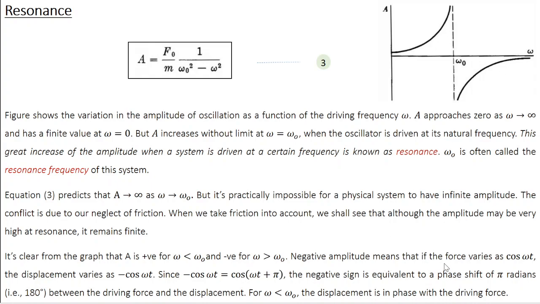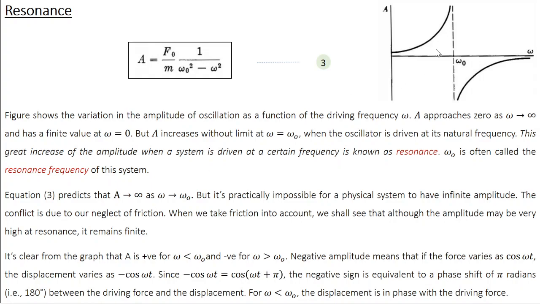Negative amplitude means that if the force varies as cos omega t, then the displacement varies as minus cos omega t. Since minus cos omega t is cos(omega t plus pi), basically this negative sign indicates that there is a phase shift of pi radians or 180 degrees between the driving force and the displacement.